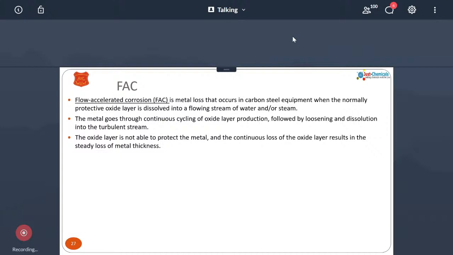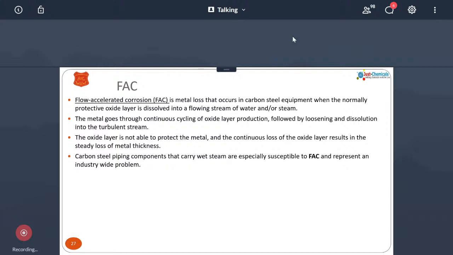And what happens is with the oxide layer, earlier we were removing oxygen and keeping oxygen levels below 7 ppb, parts per billion. So when we were keeping oxygen below 7 ppb, the magnetite layer was getting generated through Schikorr's reaction. When magnetite layer generation was happening, magnetite layer generation was good, above 300 degrees and so on.